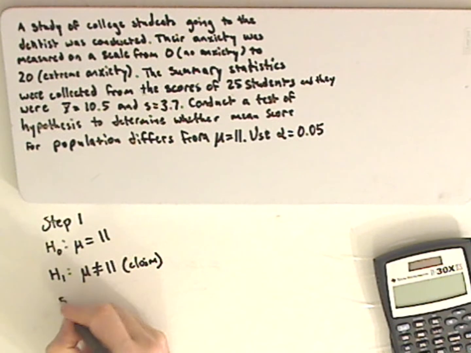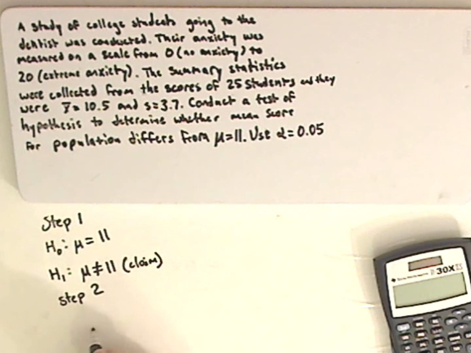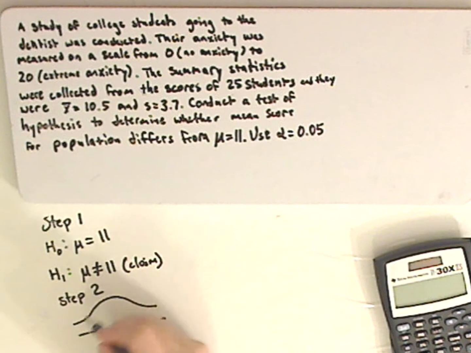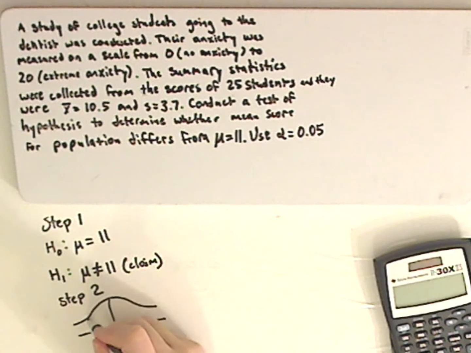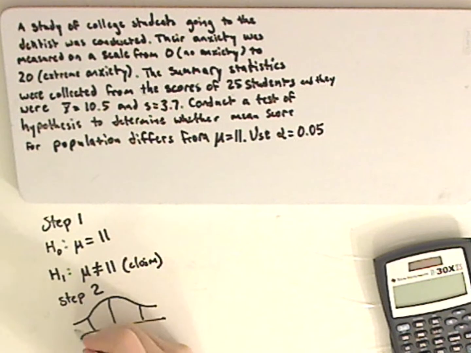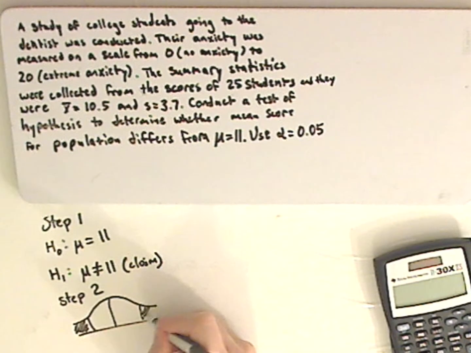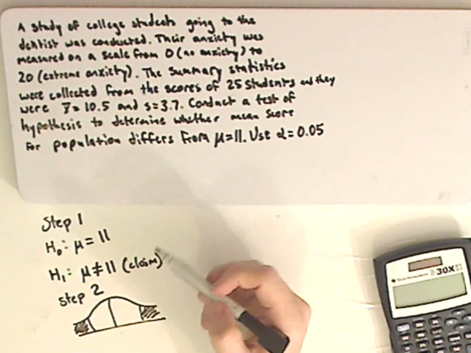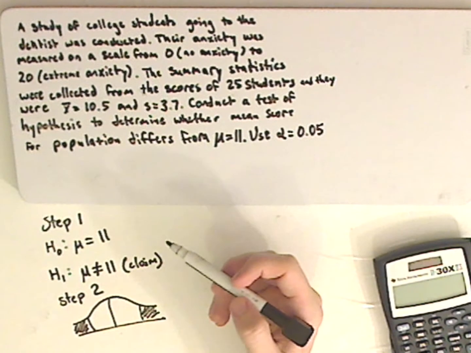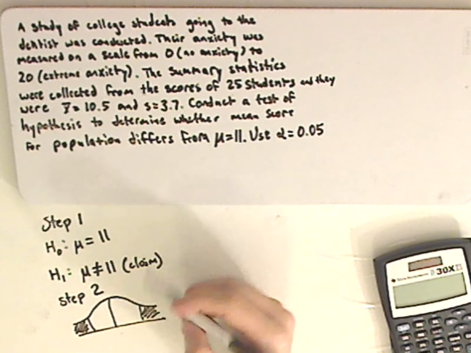Step number 2 would be to define your critical values. This gives you an idea on how to set it up. It's going to be a two-tailed test because this is not equal to. So you need to find your critical values. The catch with this is, since you don't have the standard deviation of the population, you have to use t-scores.